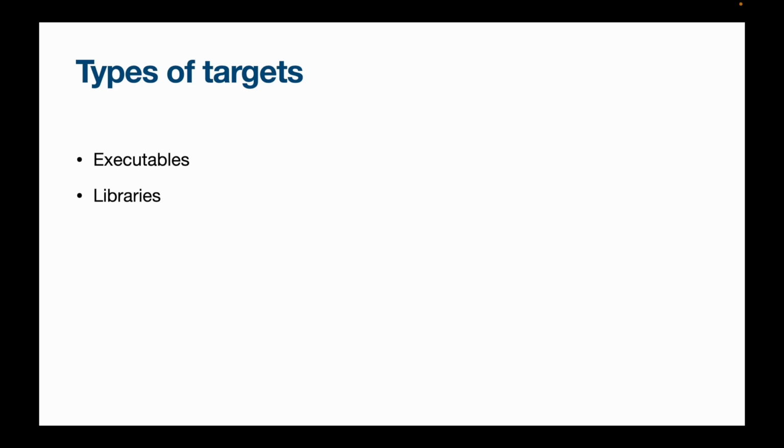A library is a target that is a collection of source files that can be built and that can be consumed by other targets. This is basically the core of how encapsulation in CMake works.